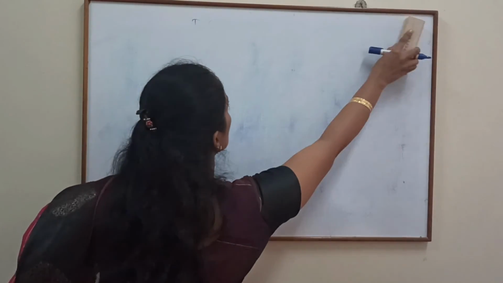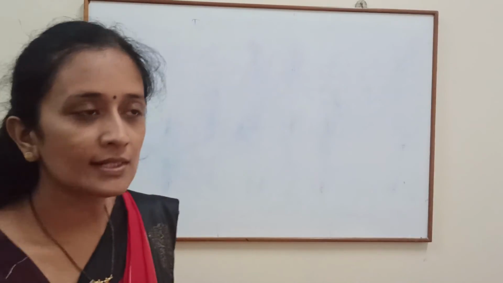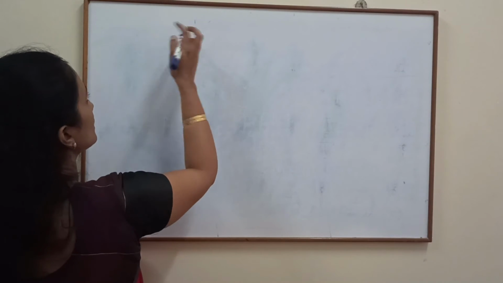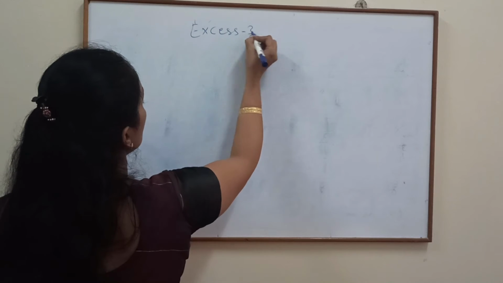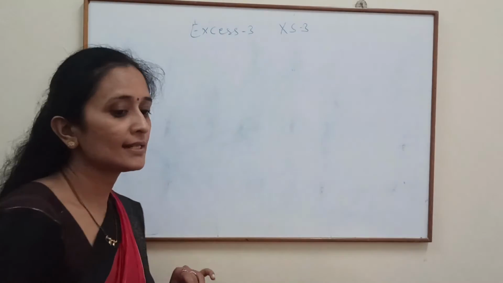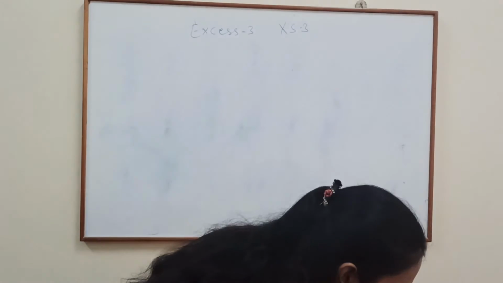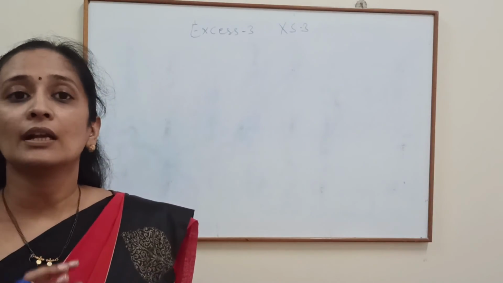We have seen BCD code. Now the third code we will see, that is XS3 code. It is written like XS3 or excess-3. Both are the same. They are unweighted number systems.